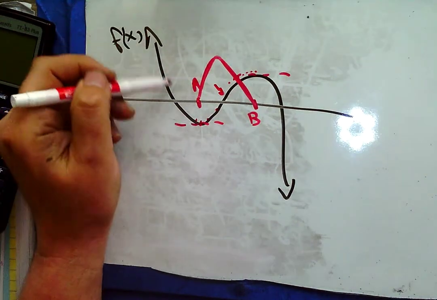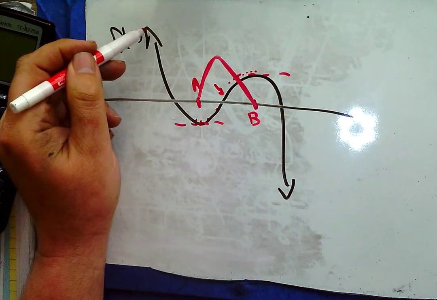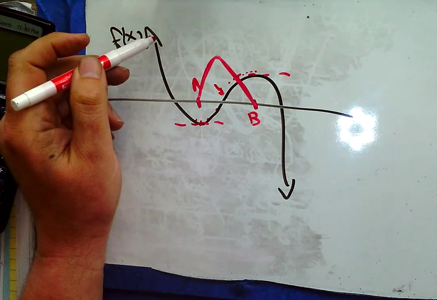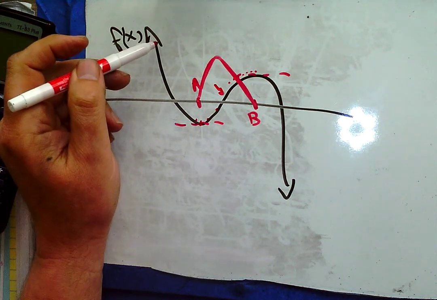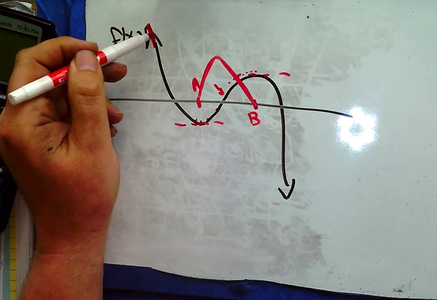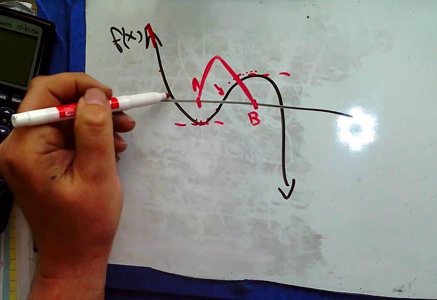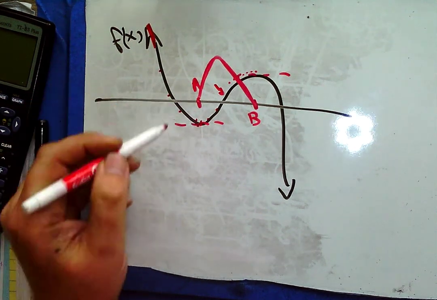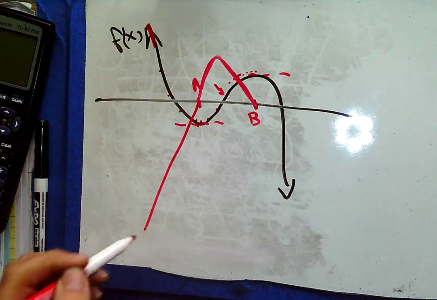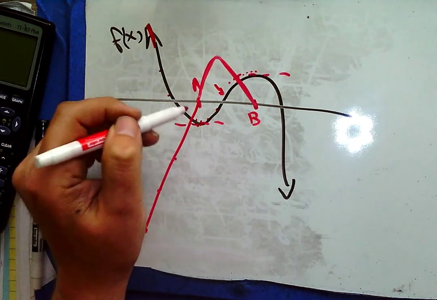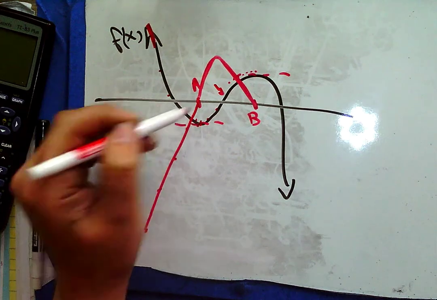Okay, and then what about over here? I see a very negative slope. It's true I see a very positive y value, but I don't care about the y value here. I care about the slope. And the slope here is very negative, less negative, even less negative. Oh my goodness, so close to zero, zero slope.